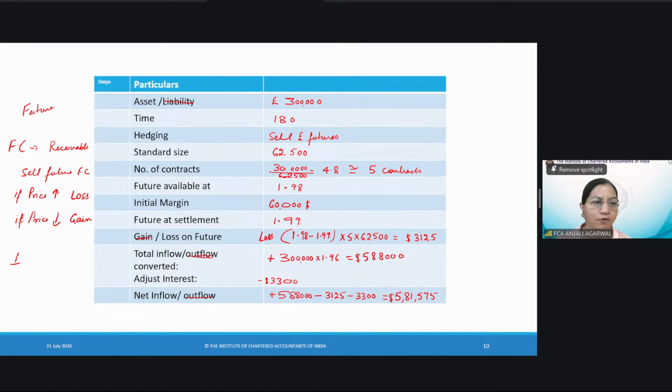So your inflow, plus gain or minus loss and minus any interest cost on the margins you have paid at the inception of the contract, this would be your total inflow.